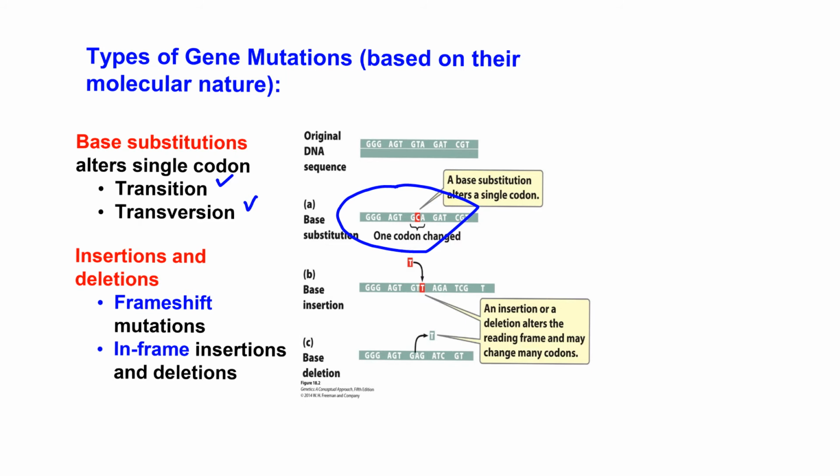If you insert or delete one nucleotide, you shift the reading frame. So every amino acid after this mutation will be different, because the genetic code restores reading by 3 and it would be shifted.